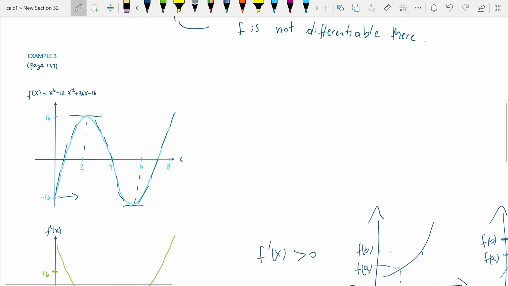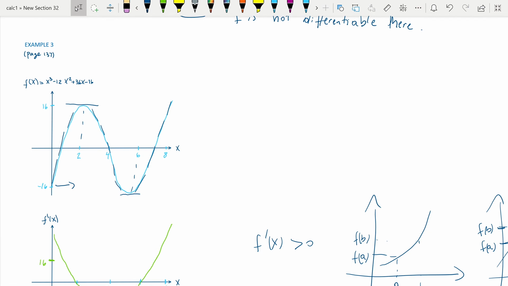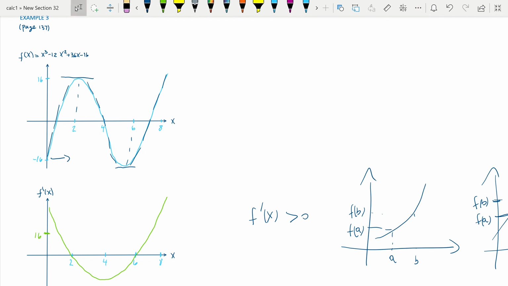And we can see this behavior, that is predicted by the sign of f prime, in the graph of this function, which corresponds to the graph of the function x cubed minus 12x squared plus 36x minus 16. So f prime here is actually equal to 3x squared minus 24x plus 36.